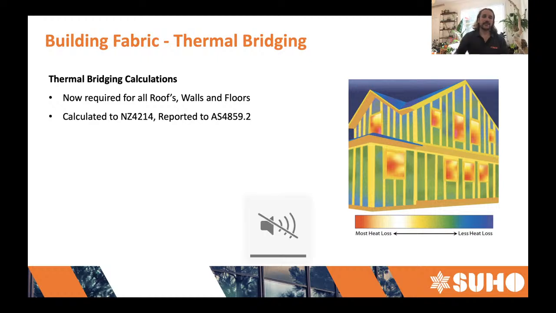So we'll touch on the thermal bridging calculations now. Thermal bridging has finally been introduced into the commercial code, yet to be introduced into the residential code. It's something that people at Passive House take very seriously. We're factoring in how insulation that's got framing members, such as in roofs, walls or floors, how that framing member is bridging the insulation.